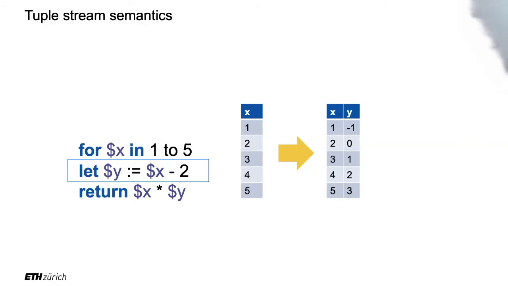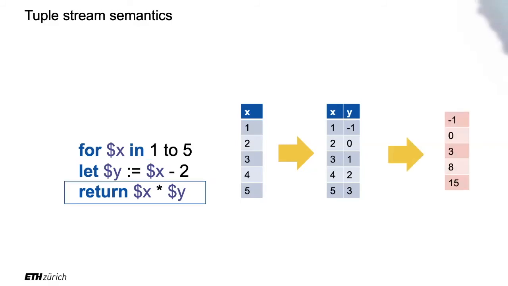You can visualize that as a 2-column table. You have a first binding where x is 1 and $y is x minus 2, so minus 1. Then x is 2 in the second binding and y is 0. Then x is 3 and y is 1 and so on. For whom does that make sense? So the let clause can be seen as adding one binding to all the former bindings you had in the previous clauses, and you can view it as one new column to the table representation of the tuple stream.